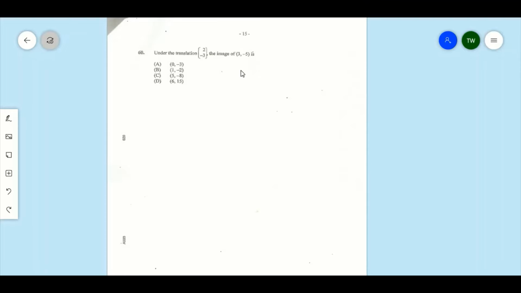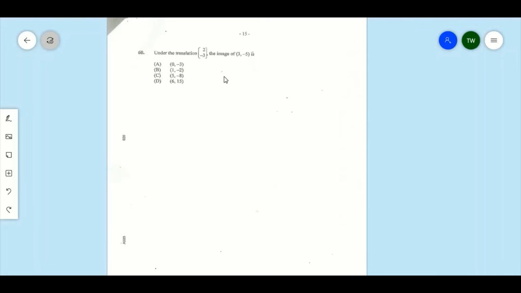Now what we know about translation is that translation plus the original is equal to the image. So what we're seeing is that each point over here is moved by the translation, so we are basically adding the translation to the original point.